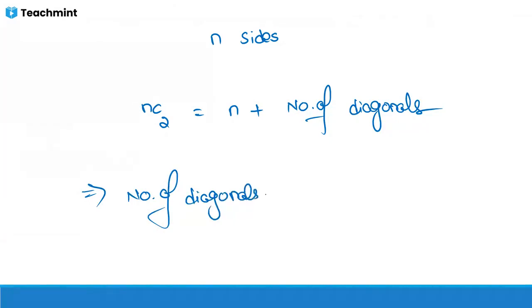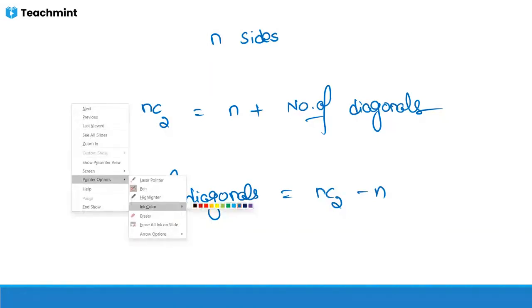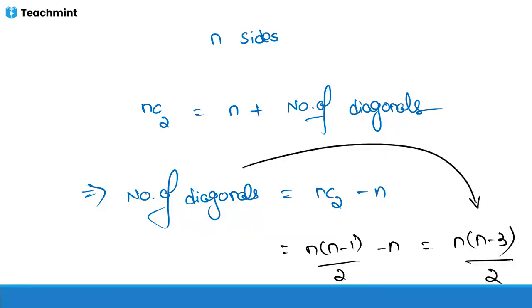At least if they gave nC2 minus n, you could understand what is happening. But the nC2 shortcut is n into n minus 1 divided by 2, minus n. If you take the LCM, we get n into n minus 3 divided by 2. This is the formula they give for the number of diagonals of any polygon, but this is the origin.